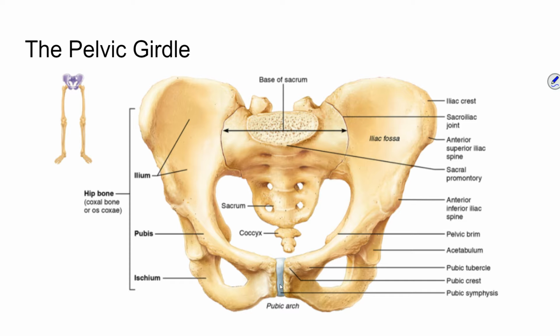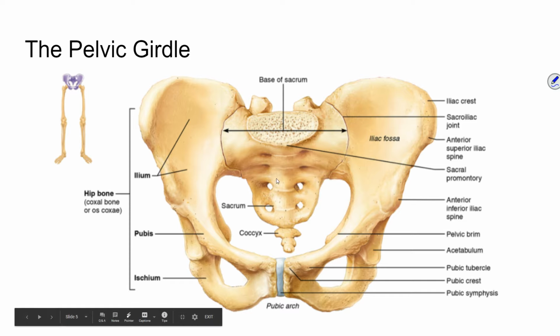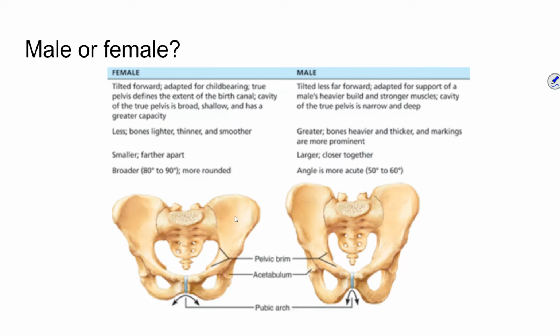One thing that's interesting is this opening, which differs between males and females for reasons of childbirth. You can see here in the male, the angle here is much more acute. It gives some actual measurements there, 50 to 60 degrees more acute.